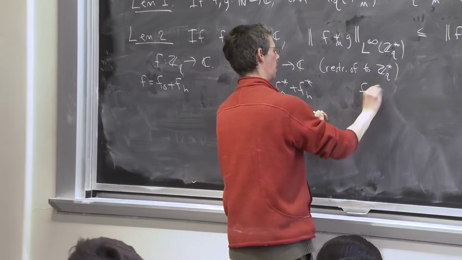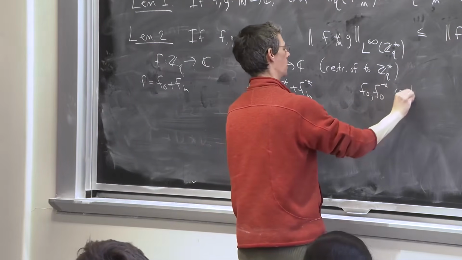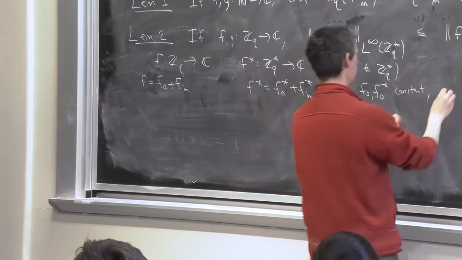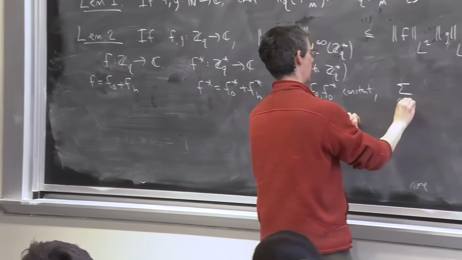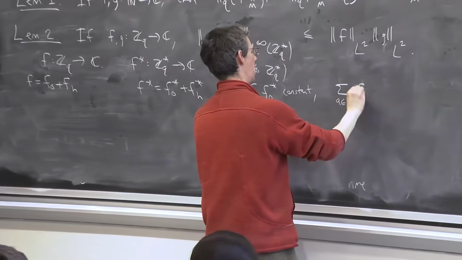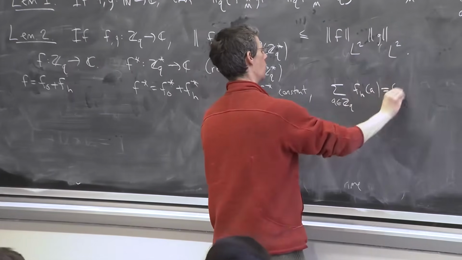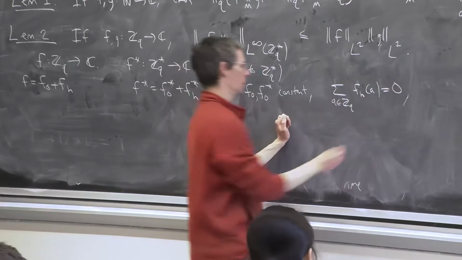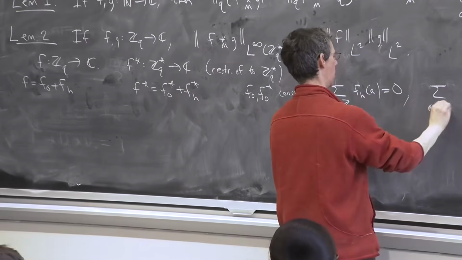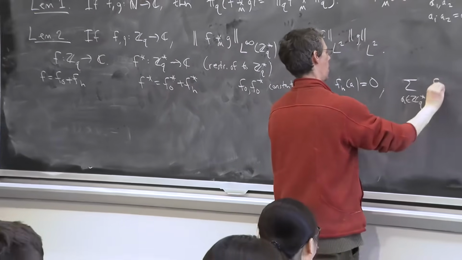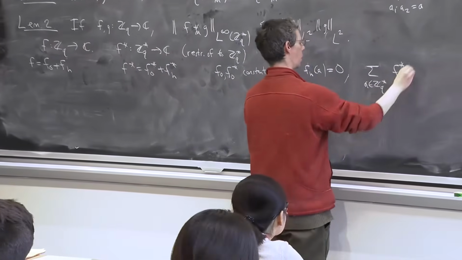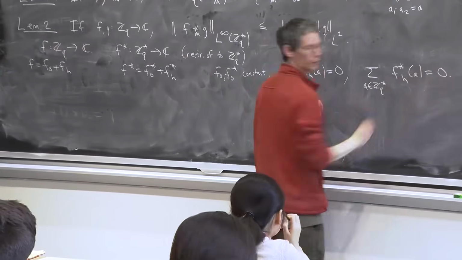So f naught and f naught star are constant, and the other pieces have mean 0, but in slightly different senses. If I add up f high of a over Z mod q, I get 0. But if I add up f star high over Z_q star, I get 0.